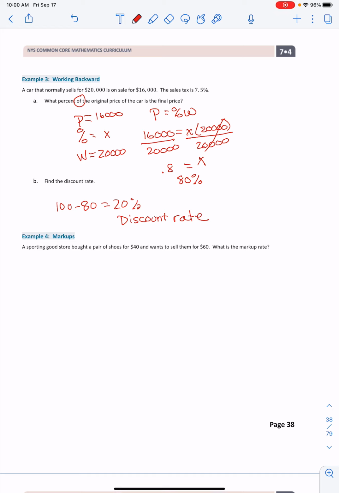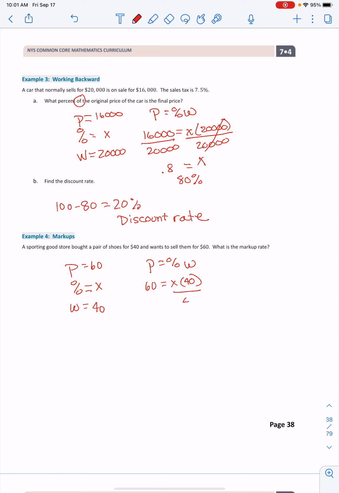So a sporting goods store bought a pair of shoes for $40 and wants to sell them for $60. What is the markup rate? So here we've got P, percent, and W. We've got 60, we have to find the percent, and we've got 40. So P equals percent times W. So we have 60 equals X times 40.